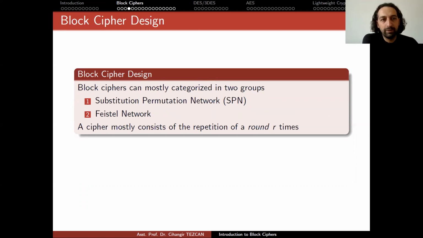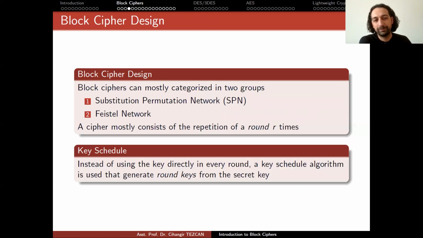So let's talk about a few block ciphers, but before that we have to give the basic design methods. Block ciphers can mostly be categorized in two groups. One of them is the substitution permutation network, SPN, and the second one is the Feistel network. A cipher mostly consists of repetition of a round R times. So instead of designing a very complex algorithm, we design a round which contains confusion and diffusion layers, and we repeat this round R many times, and the choice of R depends on your design.